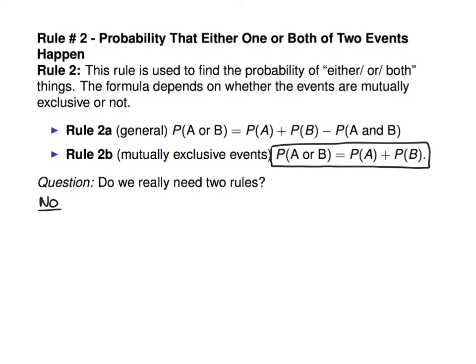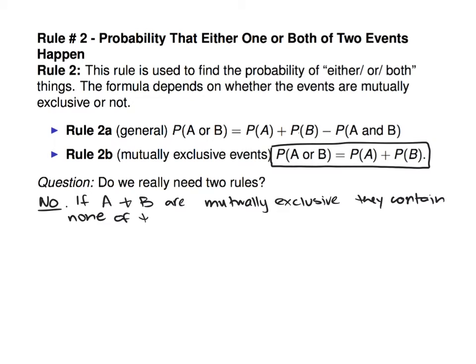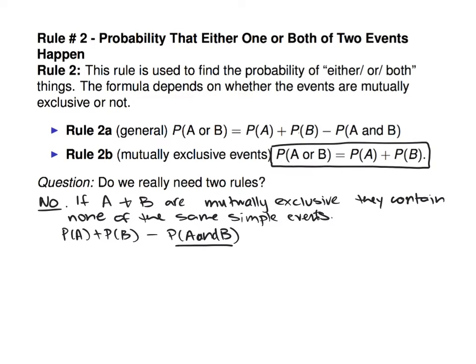And the answer is no. If A and B are mutually exclusive, they contain none of the same simple events, and so this makes P of A plus P of B minus P of A and B. Because A and B contain none of the same simple events, there's nothing in A and B, so this thing is 0.